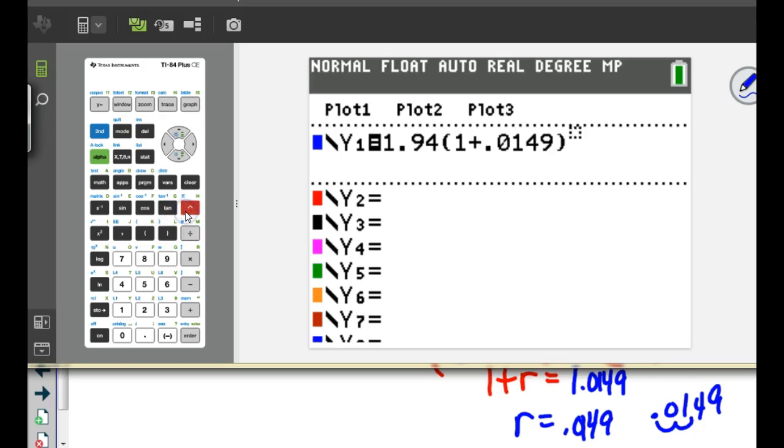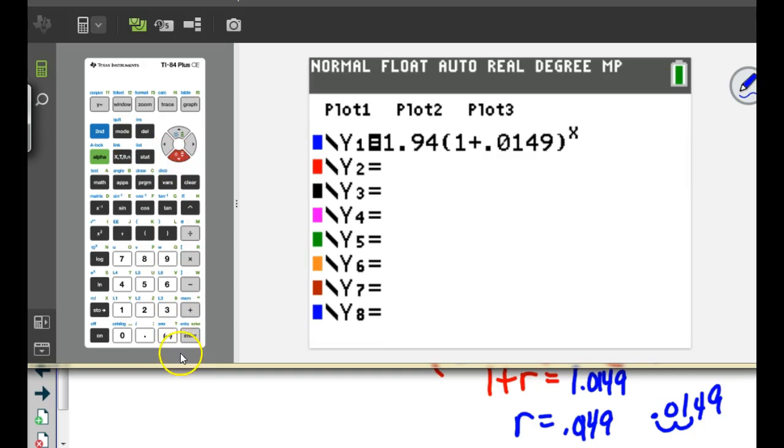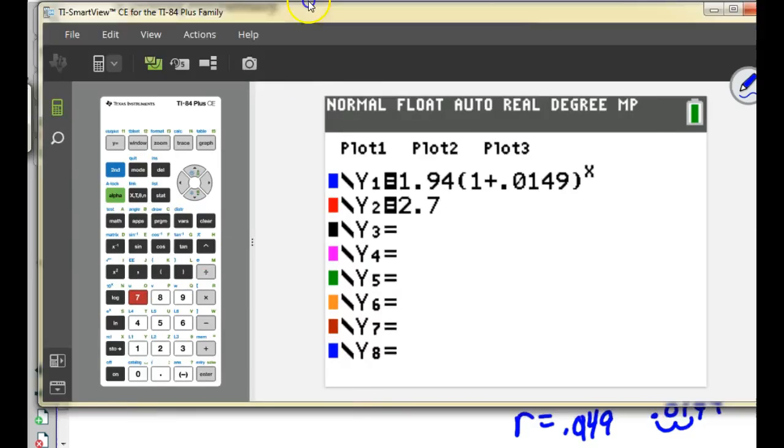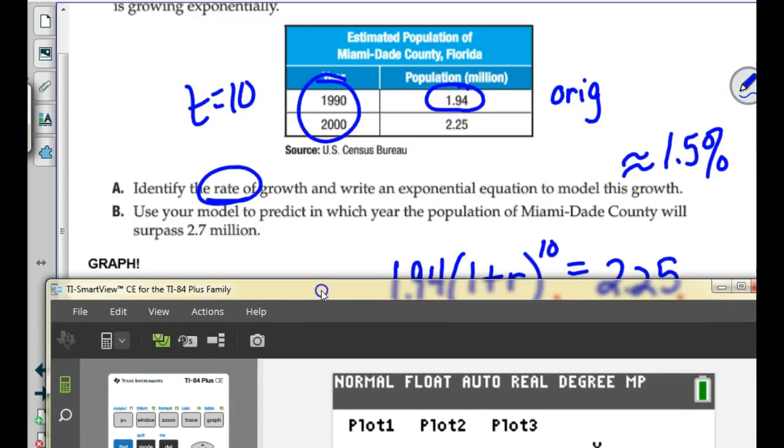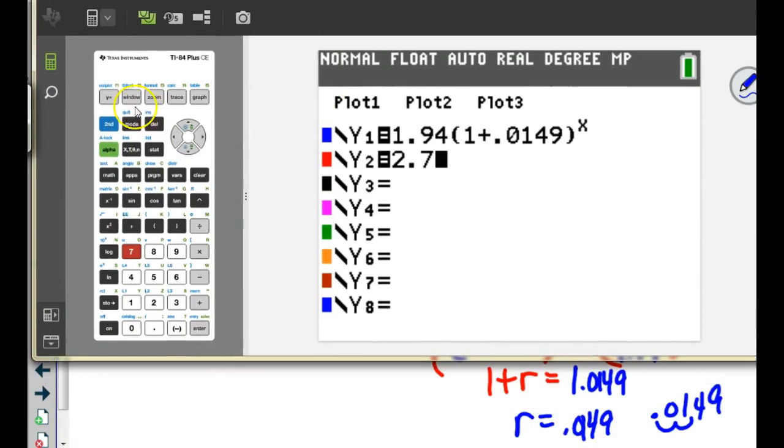To the power of x. And then in y sub 2, what do we want it to hit? 2.7. Yes. From the question, it says part B, I want to know when it hits 2.7.